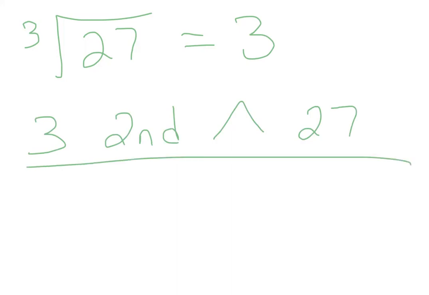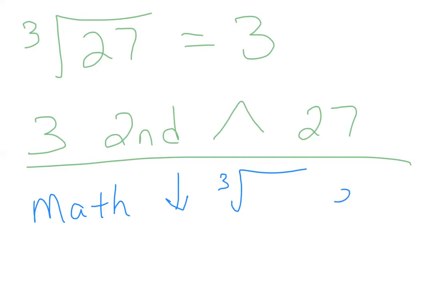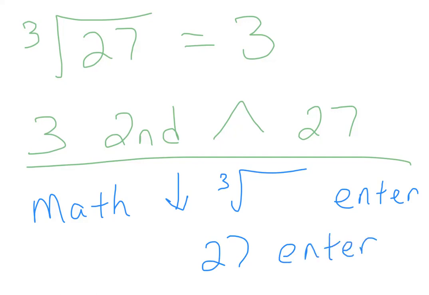On the TI-84, I'm going to hit math, arrow down till I see this, enter, 27, enter. I know it seems like a lot more steps, but the TI-84 has so many more operations, it does make it a little bit more complex.